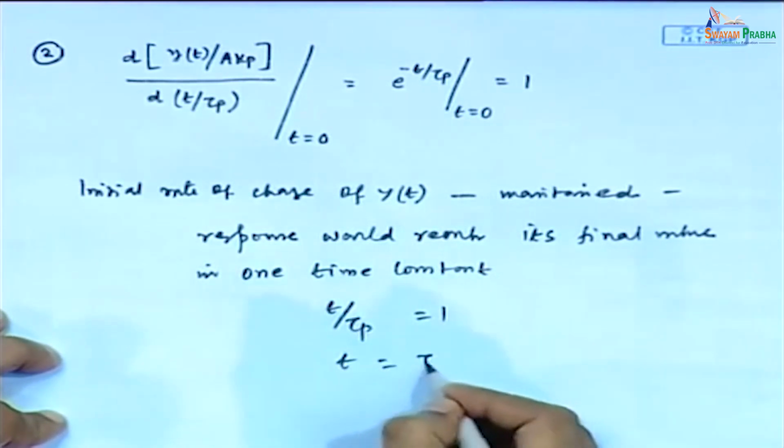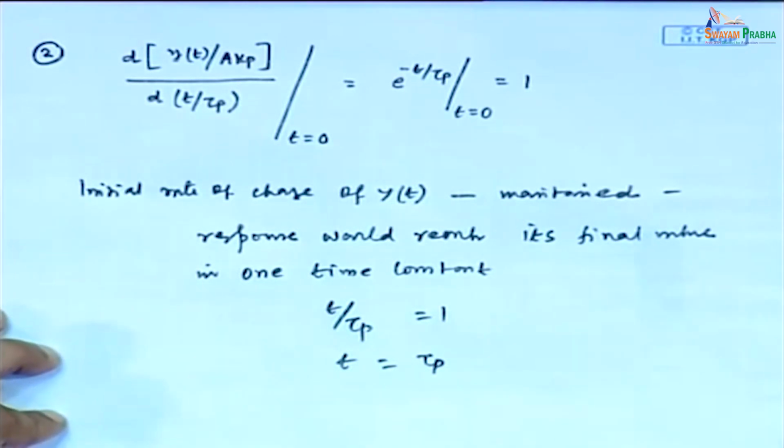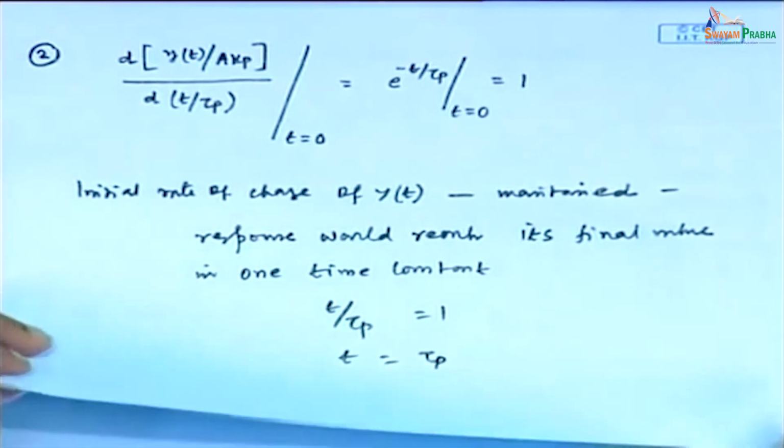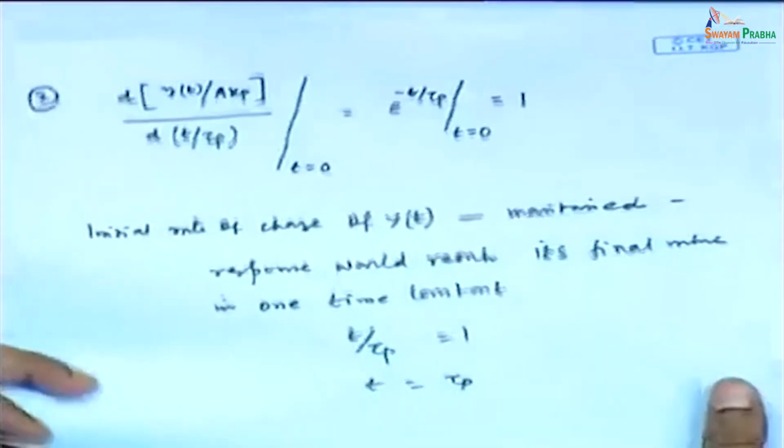So, obviously, t equal to tau p. This is the second remark, fine. Next, we will go for the third remark.